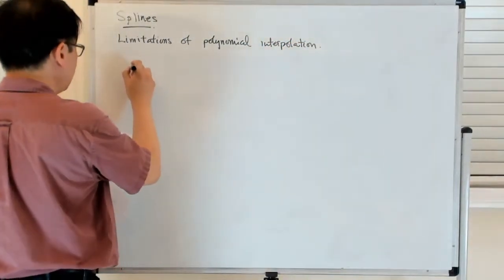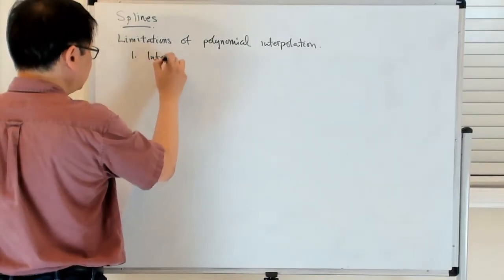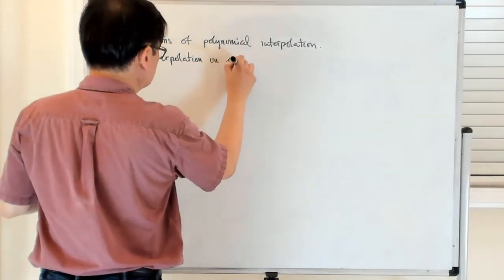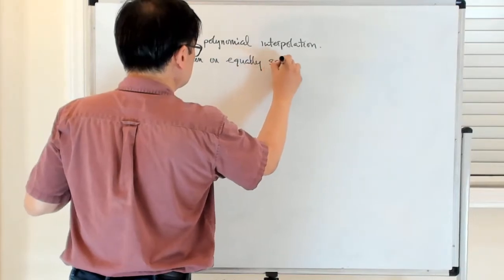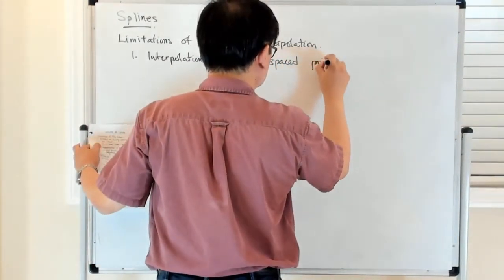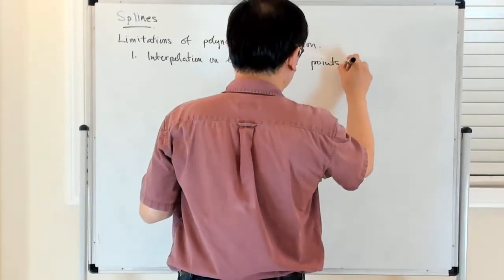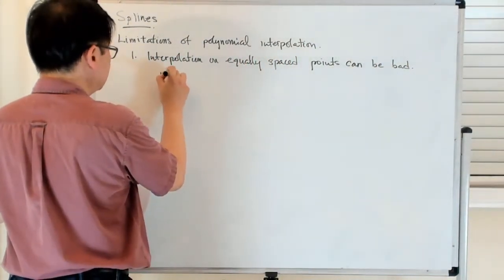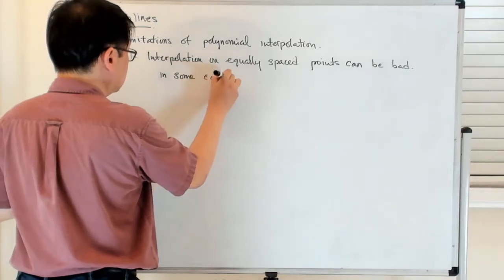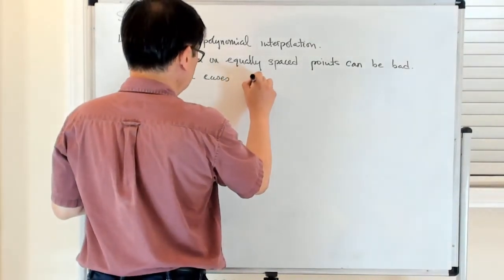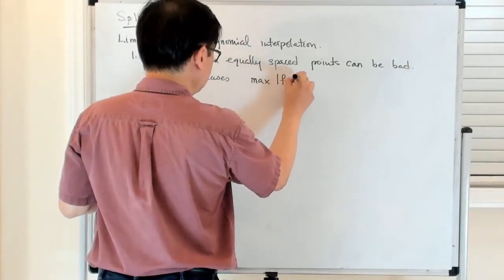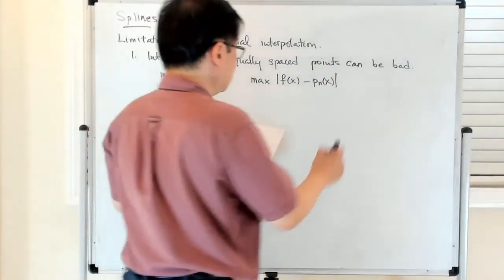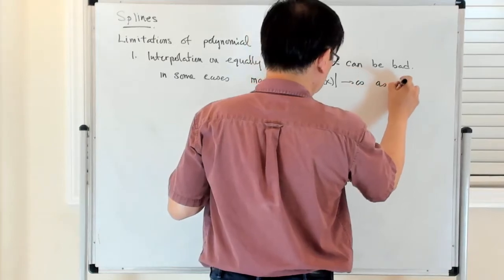The first of which is that interpolation on equally spaced points can be bad, in the sense that in some cases the maximum error between f of x and the corresponding polynomial interpolant of degree n goes to infinity as n goes to infinity.